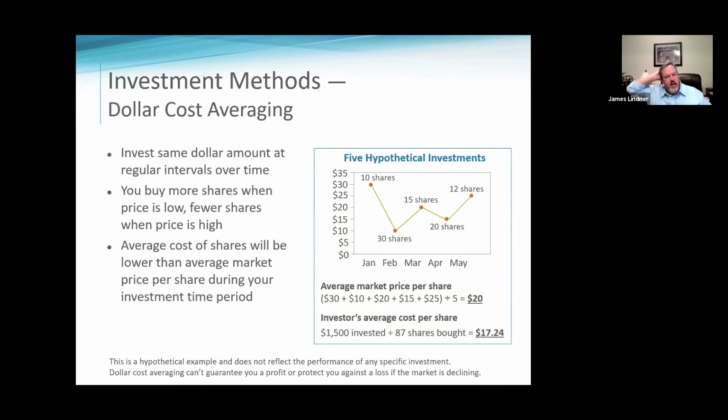So you see in the example, in January the price was $30, but then in February it dropped to $10. Well, I'd rather buy in at $10 than $30. So I'm actually less worried about my net worth short term than I am towards the back end of my goal, which is either retirement or whatever it might be.